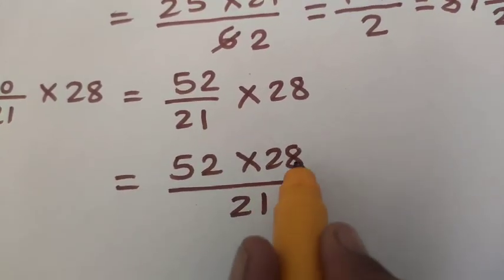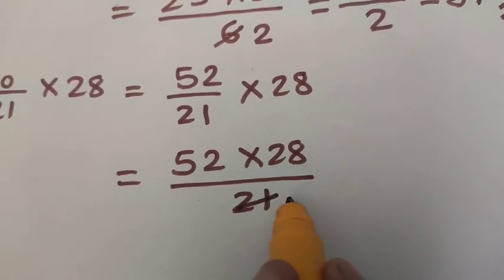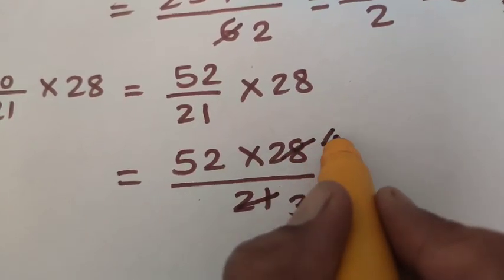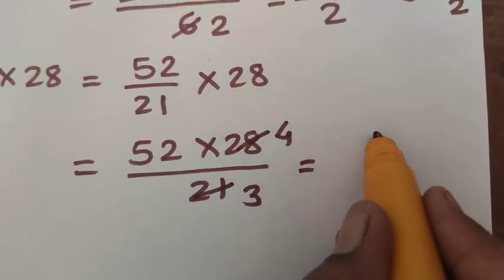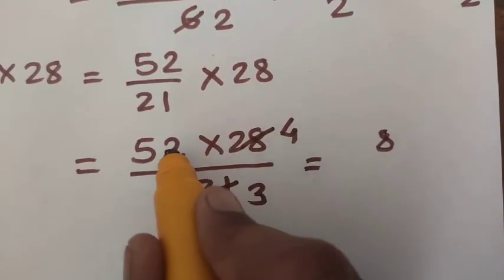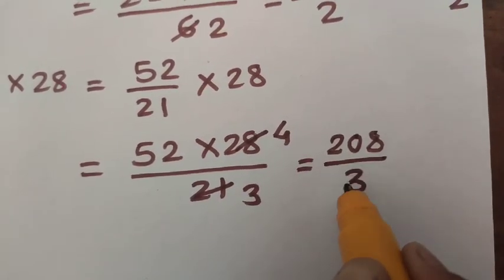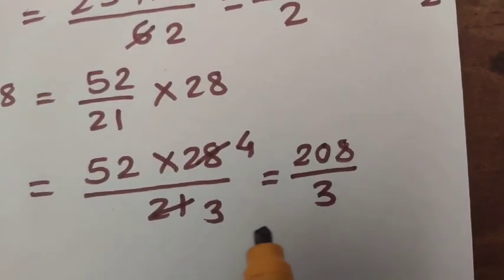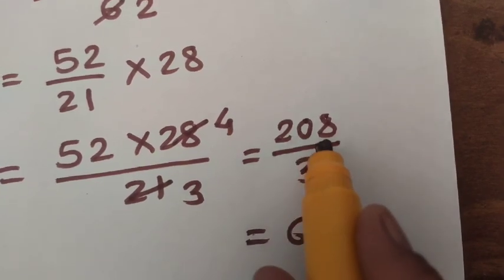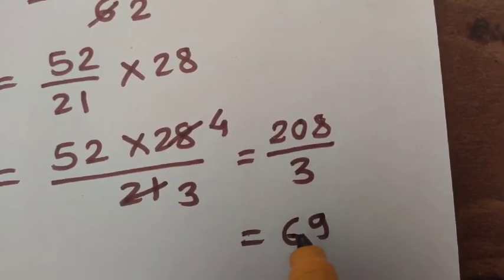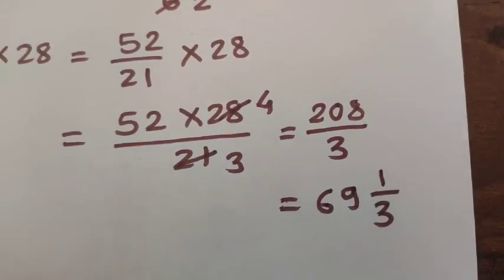Now these numbers 28 and 21 divide with the 7. 7 3s are 21, 7 4s are 28. Now 52 4s are 208. Divide this 208 by 3. See, 3 6s are 18, 2 remainder 28, 3 9s are 27, 1 remainder and 3 denominator. Okay, so this is the answer.